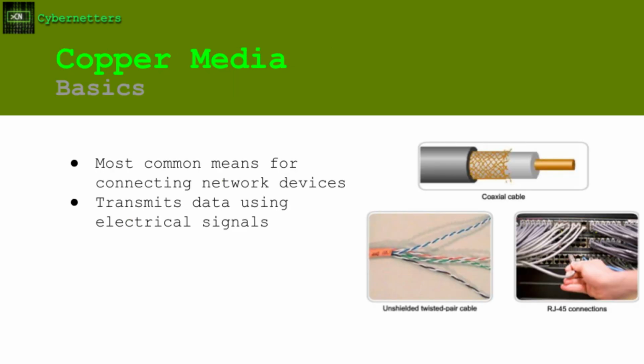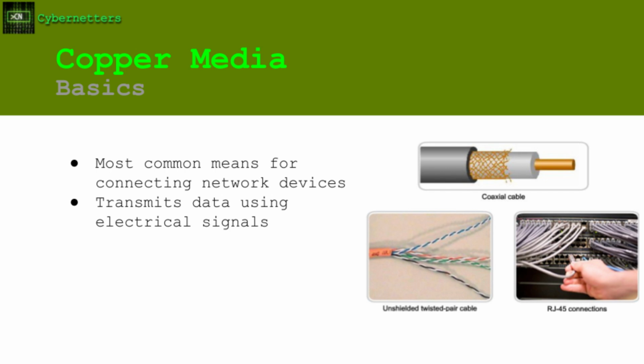The first type of cabling that we will talk about is copper media, which is basically used to connect network devices. It transmits data using electrical signals. As you can see in the image, we have the different types of copper media, one of which is the coaxial cable, the top image, which has a central conductor surrounded by insulation, shielding, and an outer sheath.